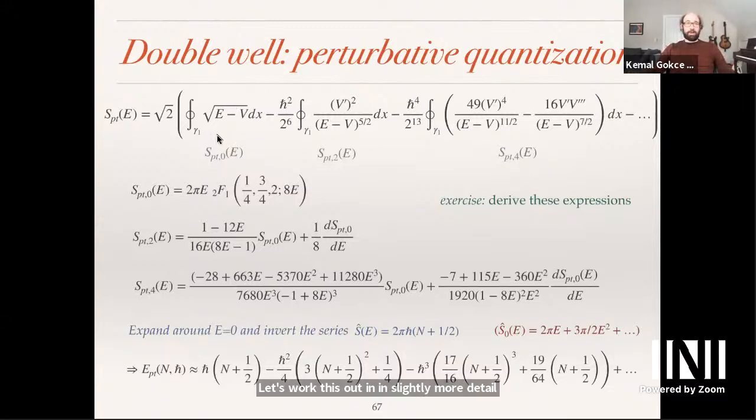So I have my zeroth order classical action, the second order action. You can derive these fairly easily. But you would notice that these integrands are slightly different than what I had in the first lecture, from solving the Riccati equation order by order.